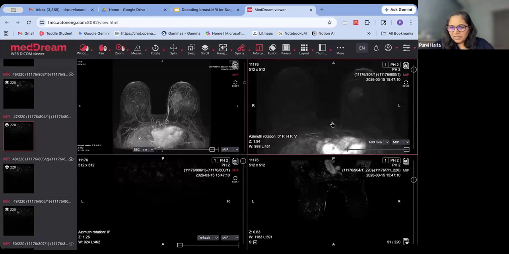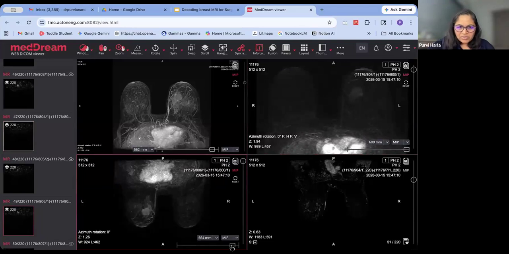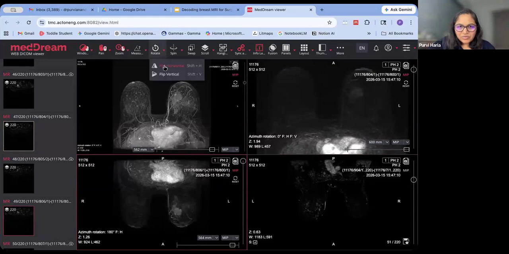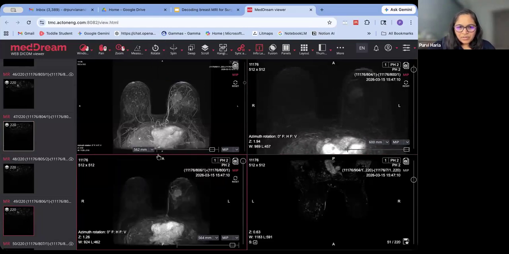Now this is again the MIP image of this fourth ultrafast phase. This was the fourth, and this we have taken is a sixth ultrafast phase. You see the difference between the two. Whatever we are seeing extra, all that extra enhancement is background parenchymal enhancement, which is completely masked when we are doing the ultrafast sequences.